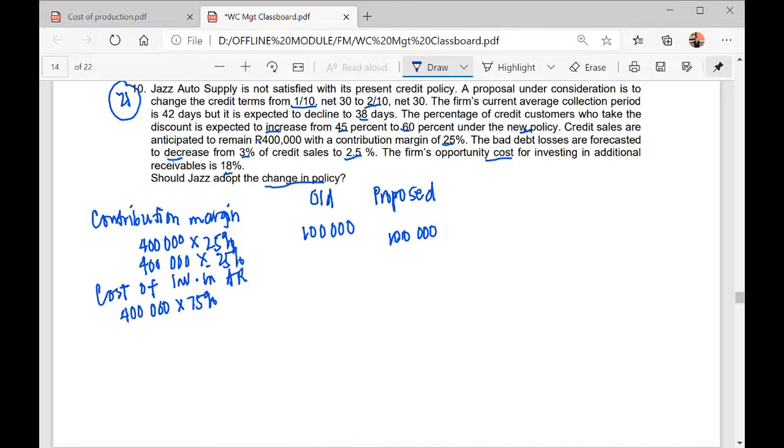Why 75%? Because the contribution margin is 25%. Then multiply by the number of days of the collection period. The collection period in the old is 45 days. And then the number of days in a year, so we will use 365. And then we multiply by 18%.